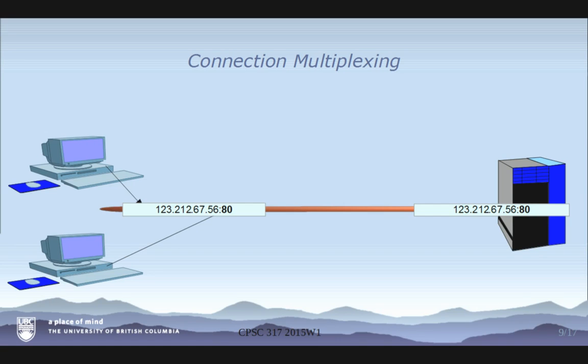So they could be on different networks, like the server and home? Yeah, they could be on different networks. They could be on the same network. In fact, what's to stop it from being on the same machine?